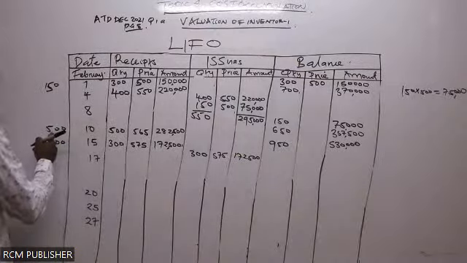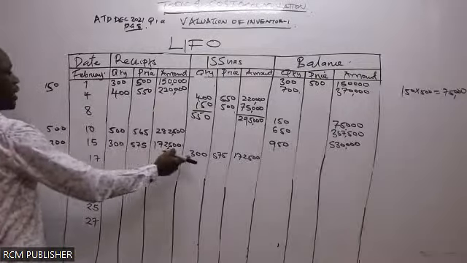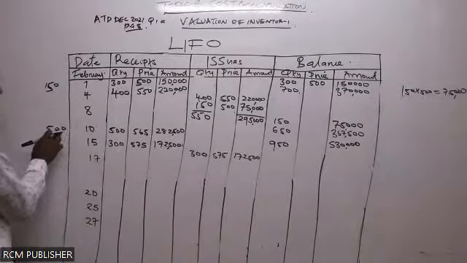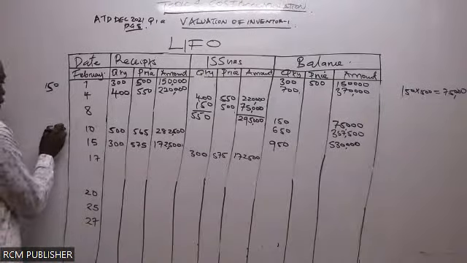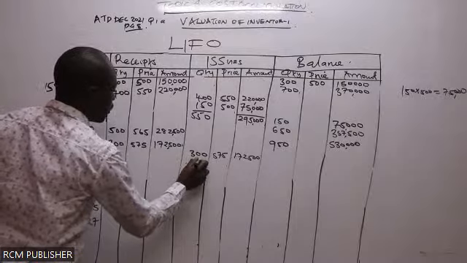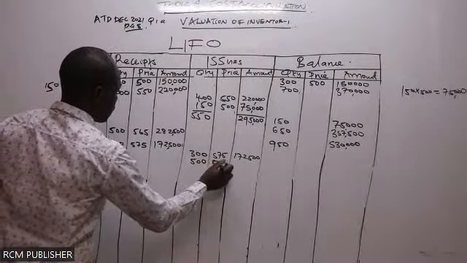I move to the next one. I still need 850, but I've only taken 300, so this one is now taken away. I come to this part. I take this 500. When I add it to 300, it is still less than 850. But I will take that 500 brought in at 565.